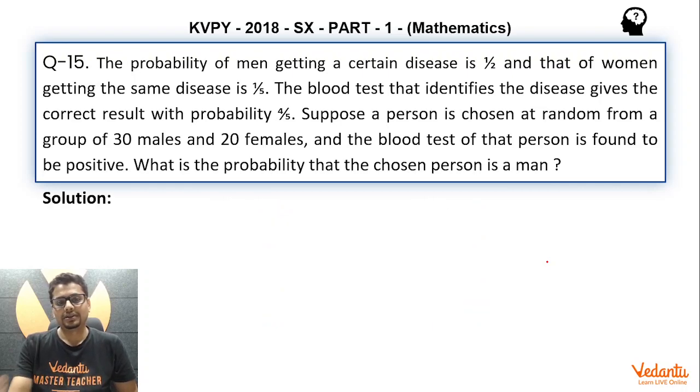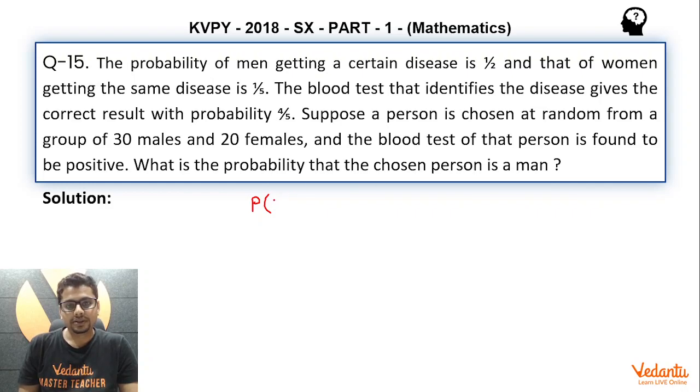Let's solve this. Here we'll use Bayes' theorem. So what we want is the probability that the person chosen is a man given that that person tests positive in the test.